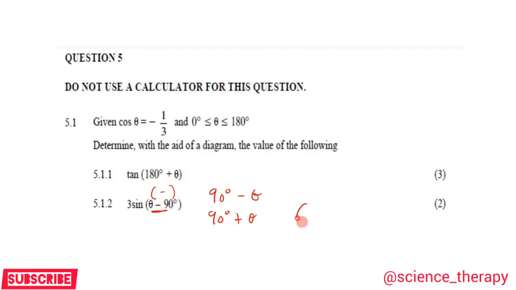But with theta plus 90 degrees, this doesn't indicate a negative angle because you can just swap this around and it will still be the same. So only if you have something like theta minus 90 degrees, that's when you say you are working with a negative angle, right?